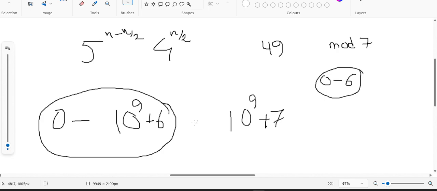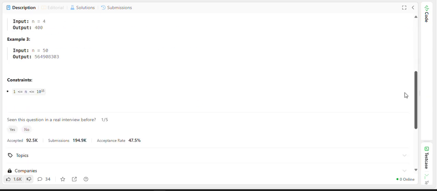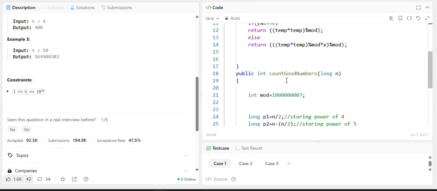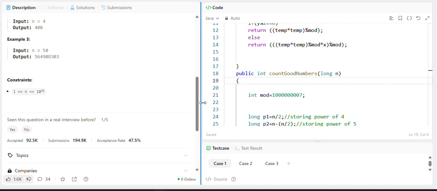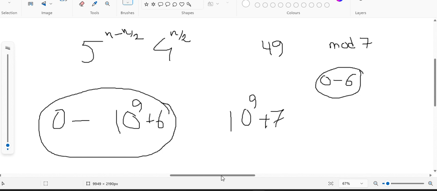We are given a function to return an integer, so we will take a modulus with 10 to the power 9 plus 7, a very large prime number.